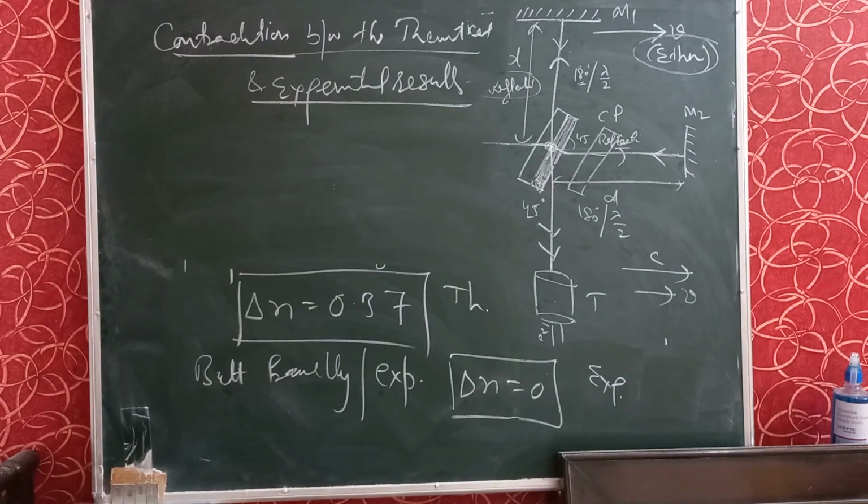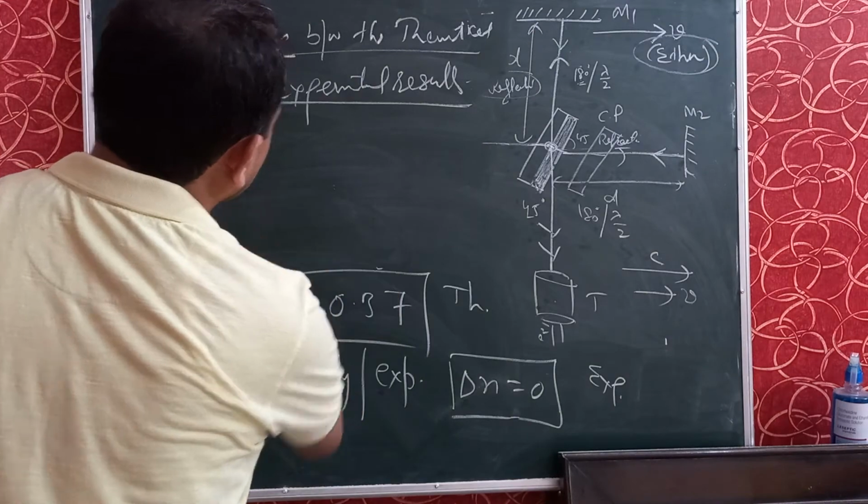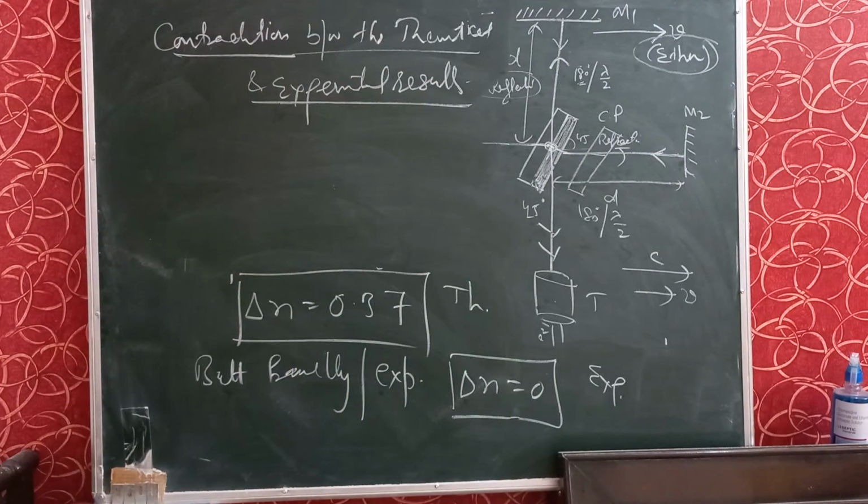So why is this contradiction produced? This is because either the assumption of Michelson and Morley that there is an ether moving with velocity v is wrong, or something went wrong during the experiment.